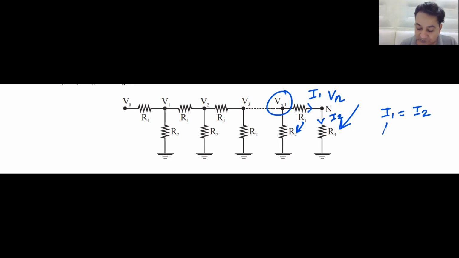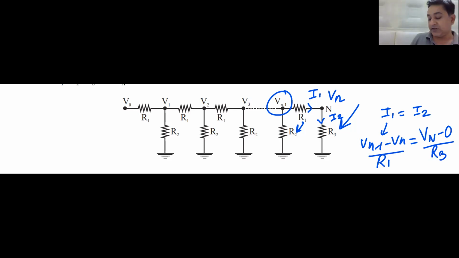Vn minus 1 minus Vn divided by R1. This would be the value of I1. Yes or no? And that would be equal to I2, which is Vn minus 0 divided by R3. Are you getting my point, beta? Yes or no?